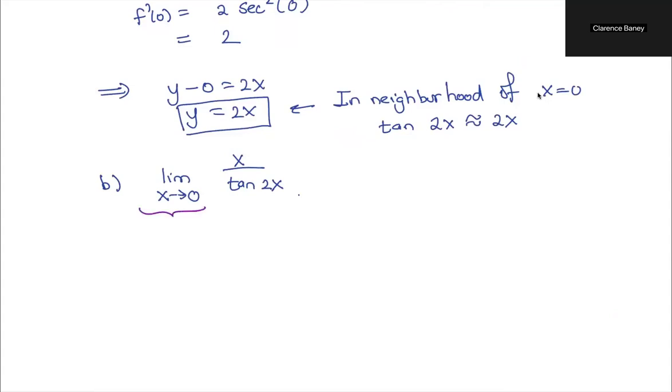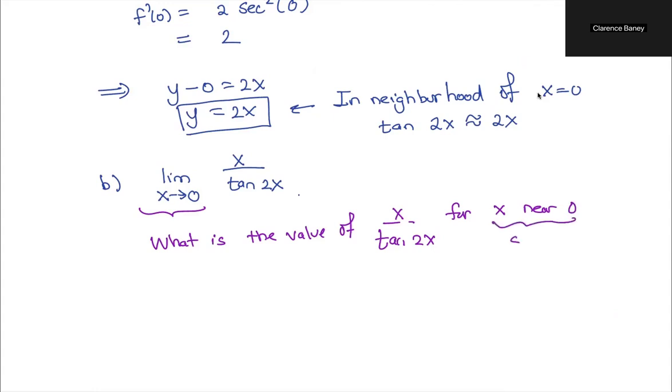Remember that this would be akin to me saying, what is the value of x all over the tangent of 2x for values of x near 0, or in a neighborhood of 0. Another way to say x near 0 is for small x.